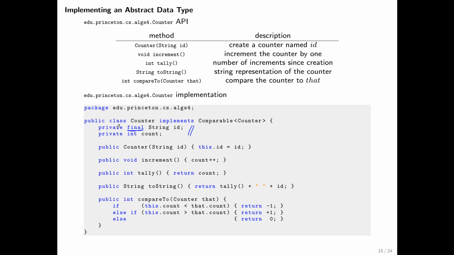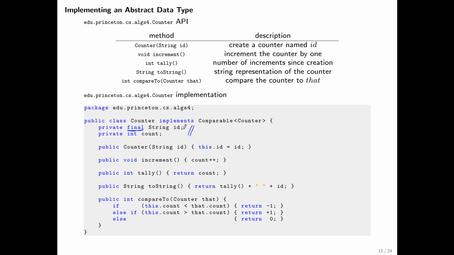Then it's always a good idea to make the instance variables private, which is what we have done here. This goes back to what we said in the first slide, that an ADT is something whose representation is hidden from the client. So the client does not know or see the instance variables. This is also called data encapsulation.